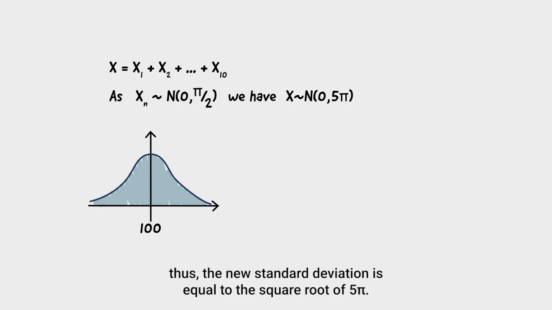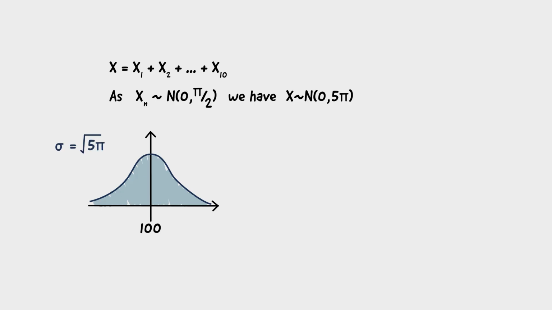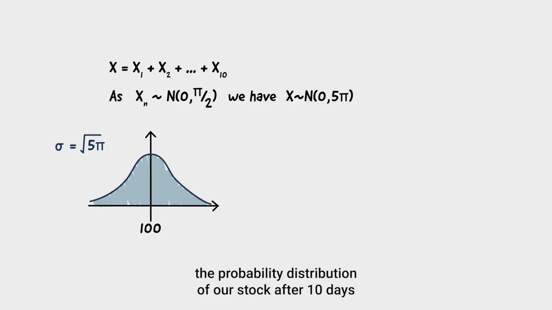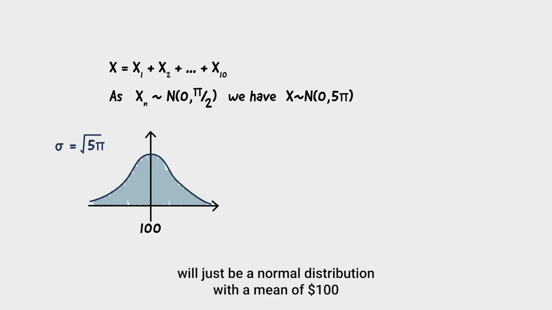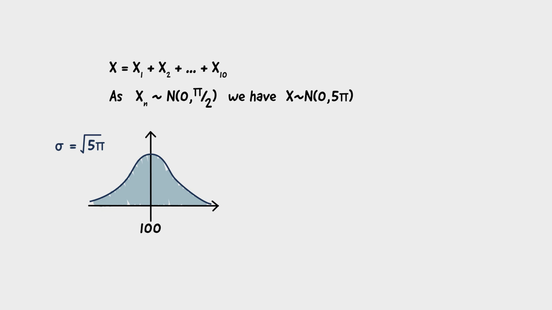Thus, the new standard deviation is equal to the square root of 5 pi. Therefore, because we are starting from 100, the probability distribution of our stock after 10 days will just be a normal distribution with a mean of 100 and a standard deviation of square root of 5 pi.